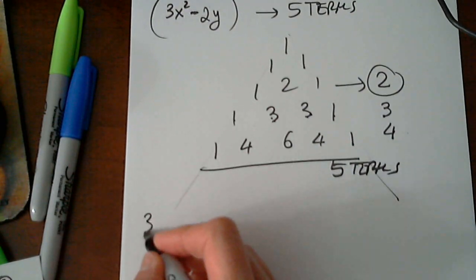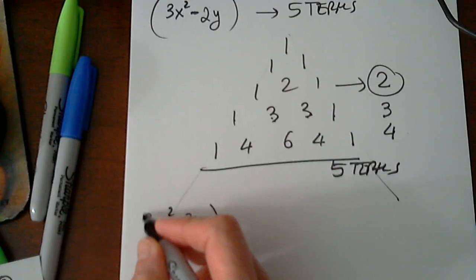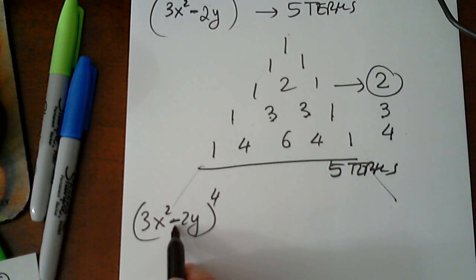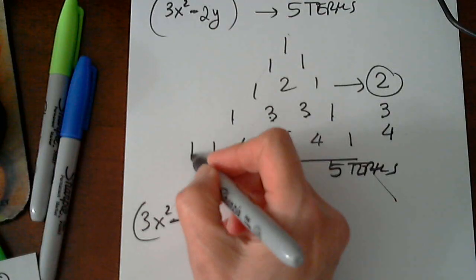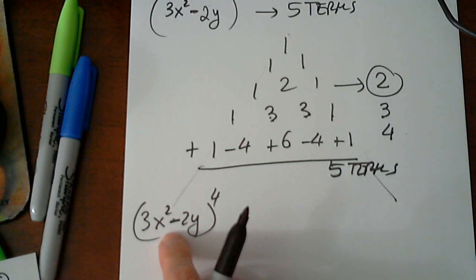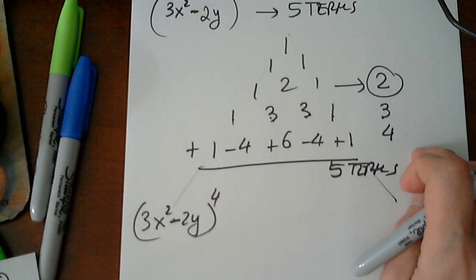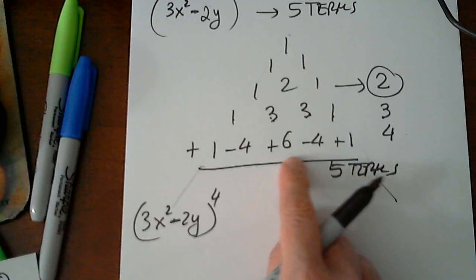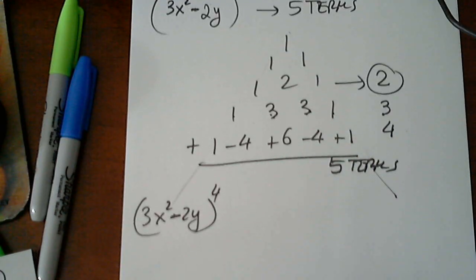So I would write 3x² minus 2y to the 4th. Because there is a minus here, the signs will alternate. Plus, minus, plus, minus, plus. If there is no minus, everything is plus. But there is a negative. Signs will alternate.